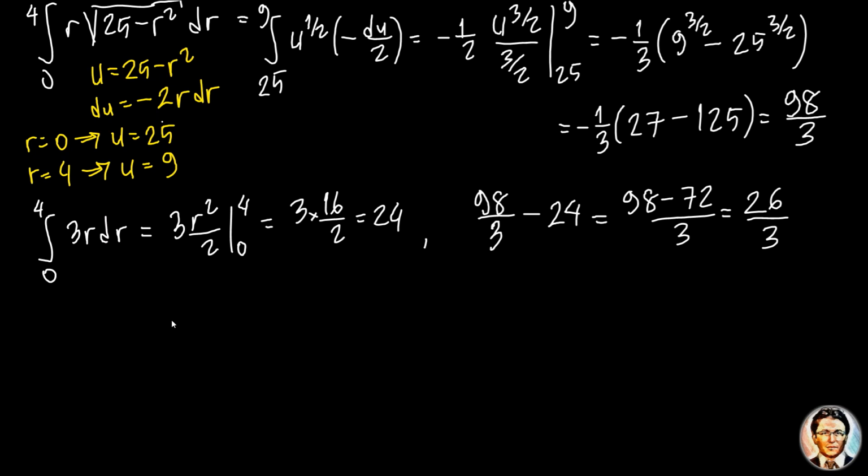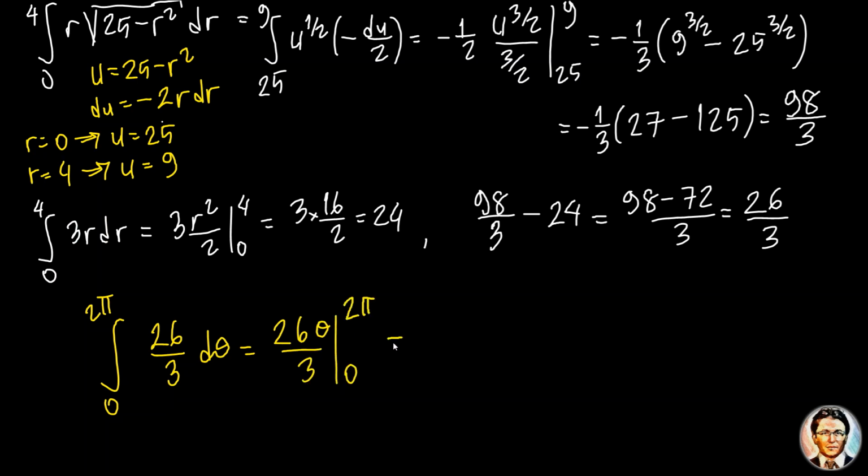So if we come back to the original integral, it was 0 to 2 pi, and the inner part is 26 over 3 d theta. So 26 theta over 3, just multiply by 2 pi, and you will get 52 pi over 3 cubic units. This is the volume of water in that bowl.